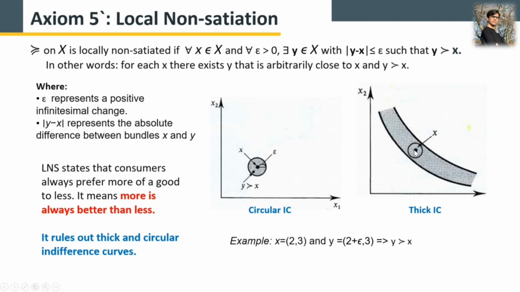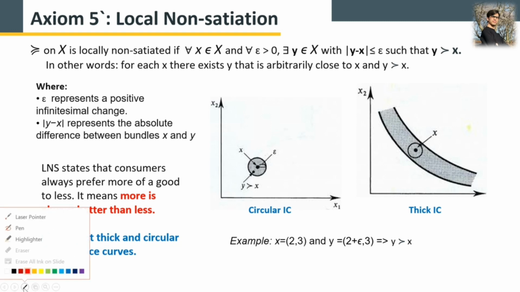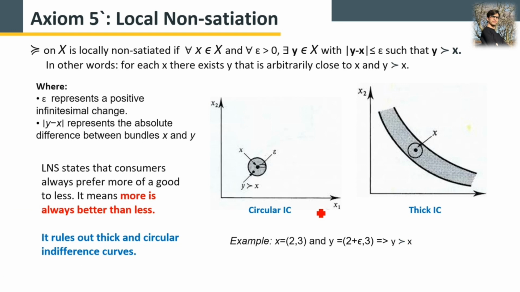Suppose this black dot is the X bundle, which has this much of X1 and this much of X2.